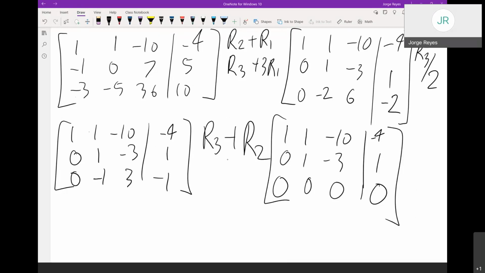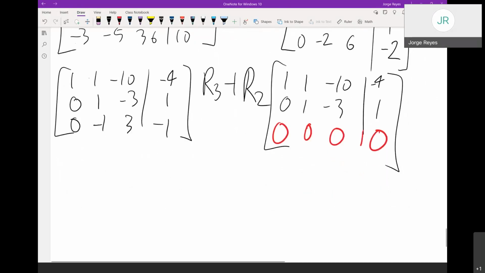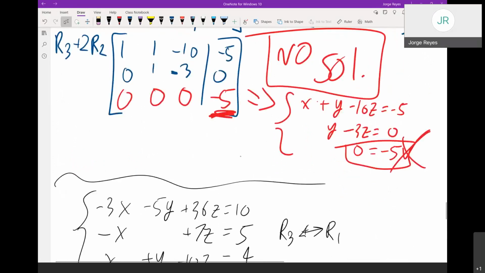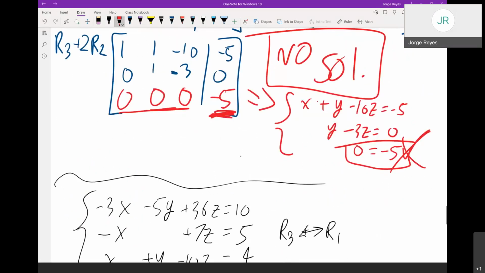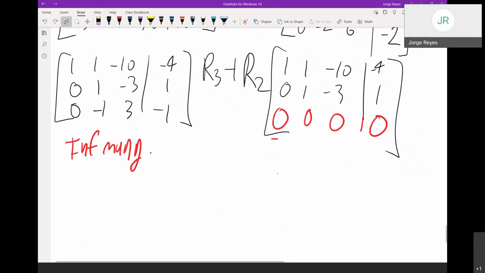The entire row is 0. This gets you infinitely many solutions. So when only this part is 0 and this is a number, that's no solution. But when the whole thing is 0, that's infinitely many solutions.